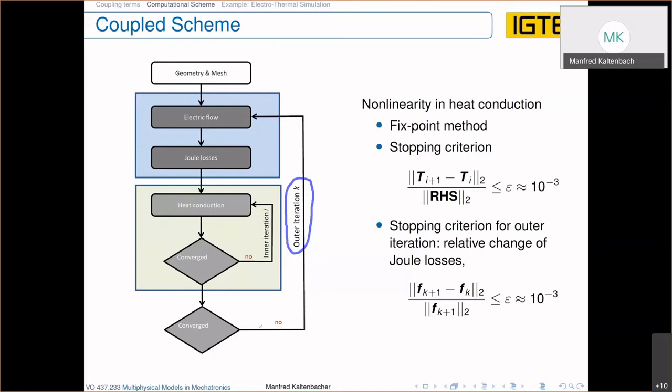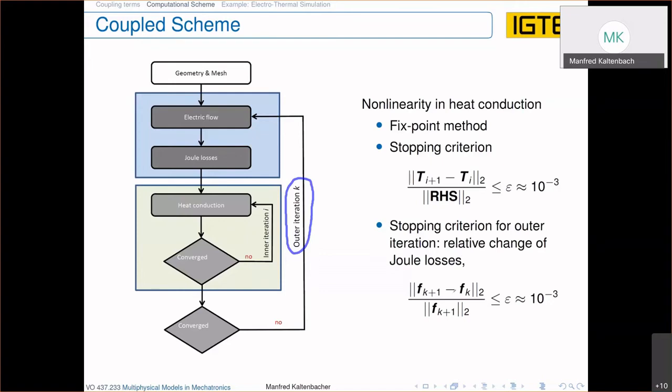Yeah, and the outer iteration, what we have here, is mainly done by the Joule's losses. So when we again compute here for the electric flow equation, we can compute the Joule's losses within each finite element.